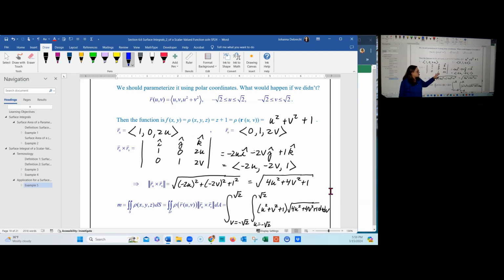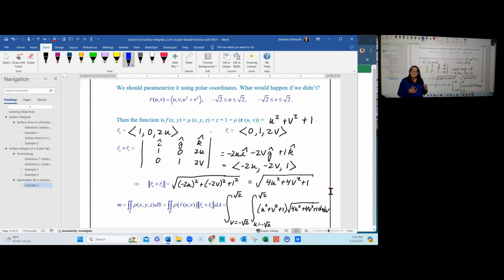When I find the cross product, I end up with negative 2u, negative 2v, 1. To find the magnitude of the normal vector, we square each component, add them together, and take the square root. This gives me the square root of 4u squared plus 4v squared plus 1.